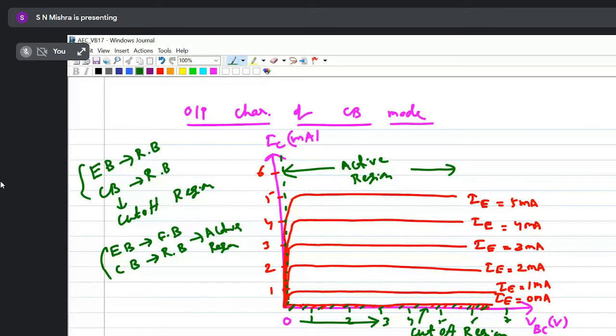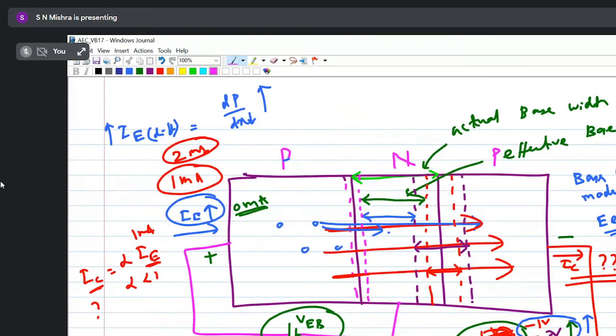Is it understood? Now let us extend this to the left hand side. If I extend this, then what will happen? VCB, I am giving negative voltage here. If you look here, this is your PNP.